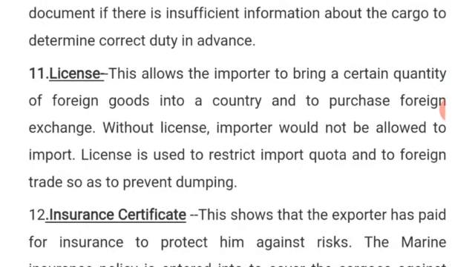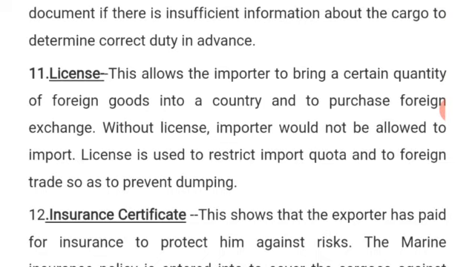So another one is license. This allows the importer to bring a certain quantity of foreign goods into a country and to purchase foreign exchange. Every importer and exporter must have a license, according to government policy.